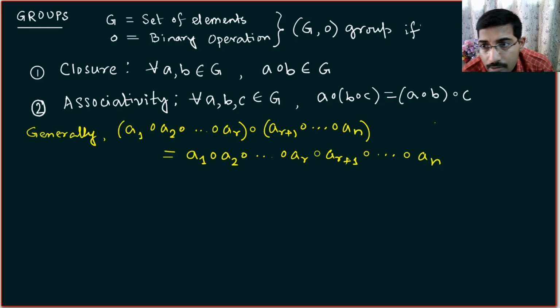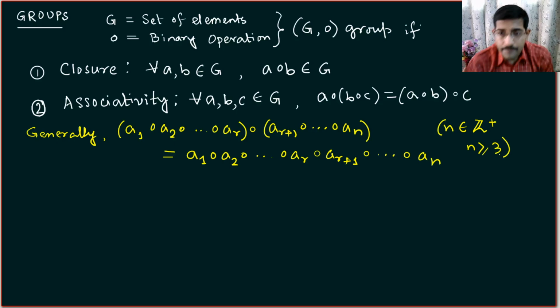Here I have assumed that n belongs to Z plus and n is greater than or equal to 3. So these are my assumptions.